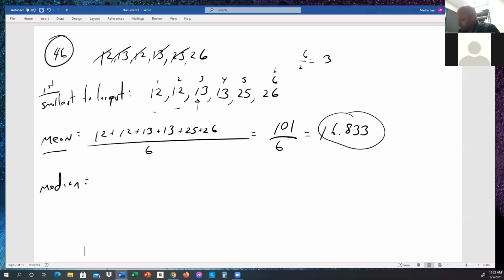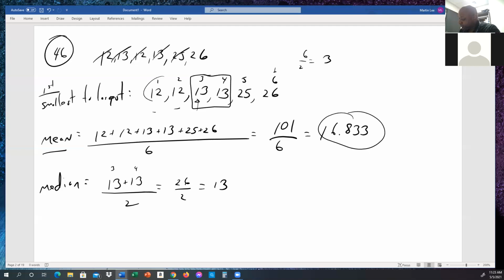So I need to look at the third and the fourth number, take their average, and that number is going to be the median. So 13, the third number, plus 13, the fourth number, divided by 2 equals 26 divided by 2, which equals 13.